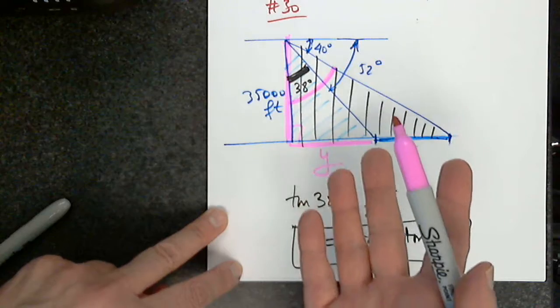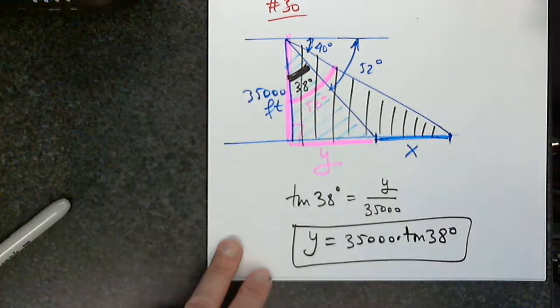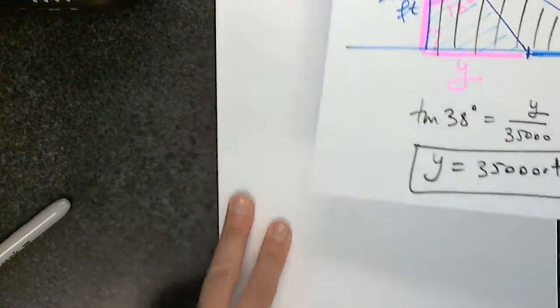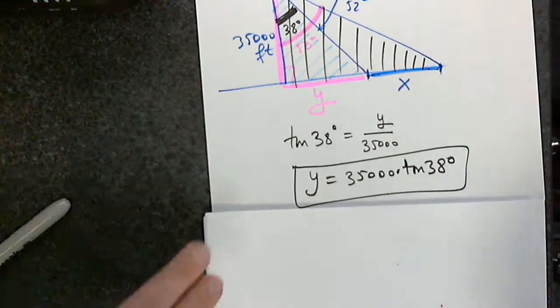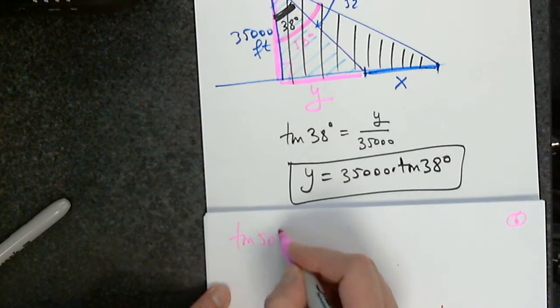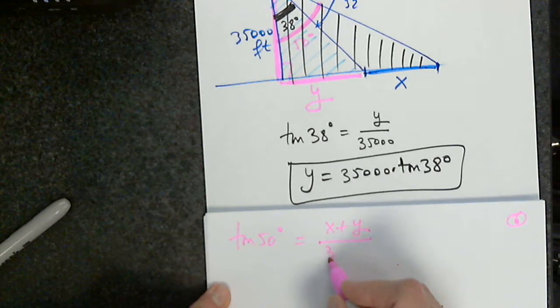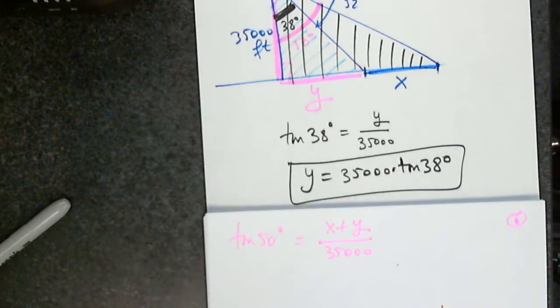Now I'm going to look at the big triangle, where this angle I know is 90 minus 40 degrees, so that's 50 degrees. So now in the big triangle, I will write tangent of 50 degrees equals x plus y over 35,000.